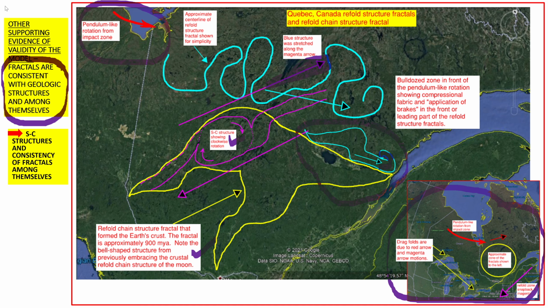Even the top structure that I showed the center line for, if you look at the right end of it, that's curling up too, as if applying the brakes. So there's consistency between the two things shown in blue. The text box says: bulldoze zone in front of the pendulum-like rotation, showing compressional fabric and application of the brakes in the front or leading part of the refold structure fractals.